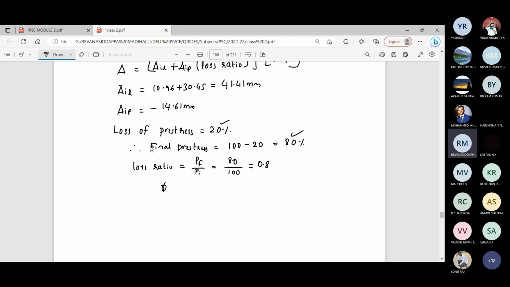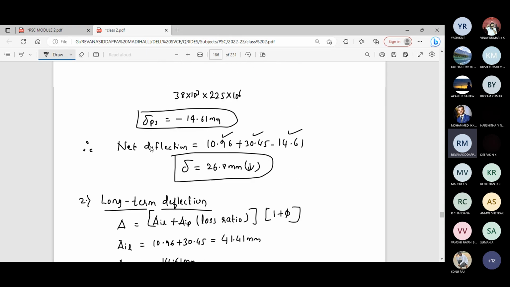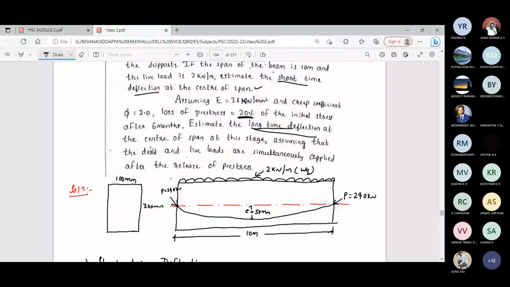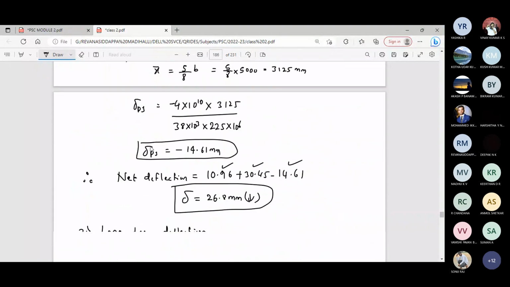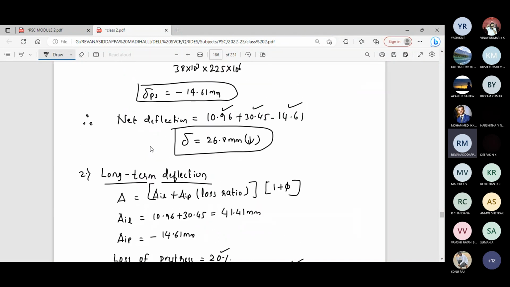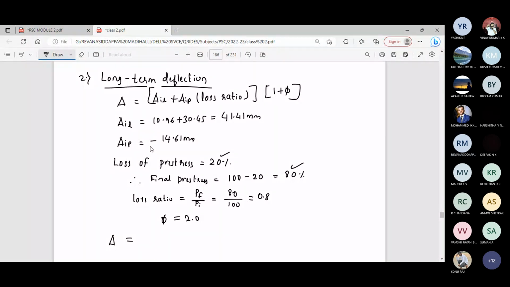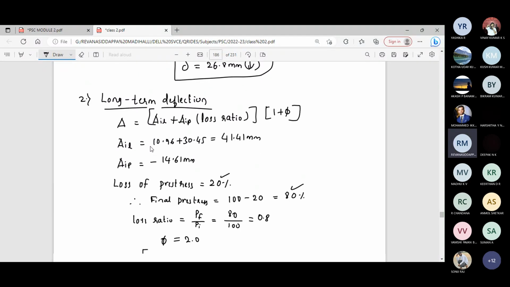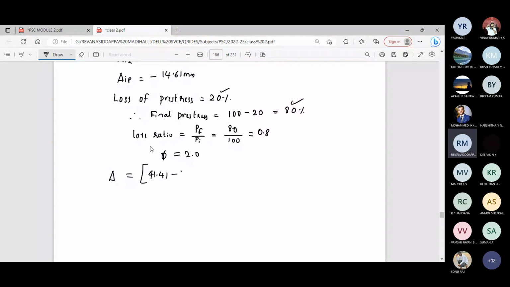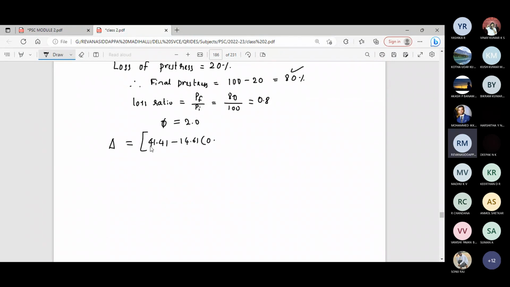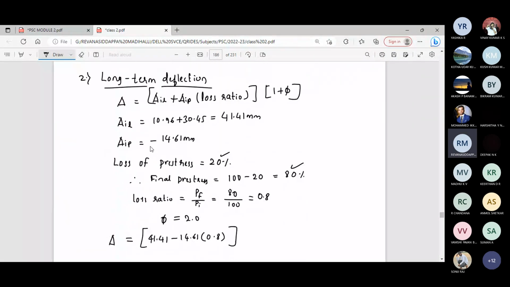And pi, the creep coefficient, is also given in the problem. How much is it given? Creep coefficient is equal to 2.0. Therefore, long-term deflection delta is equal to delta IL 41.41, plus delta IP minus 14.61, into loss ratio 0.8, into 1 plus pi, 1 plus 2.0.